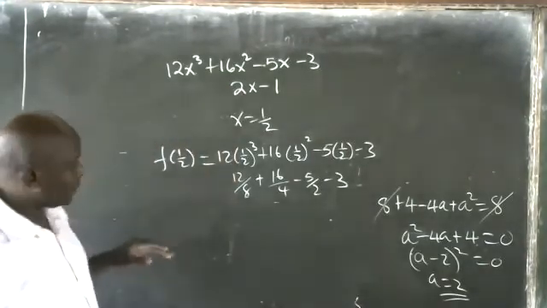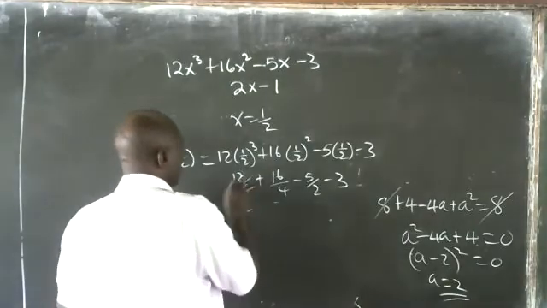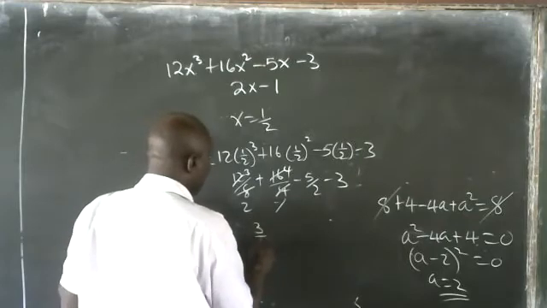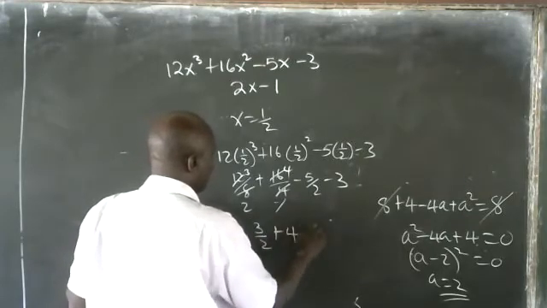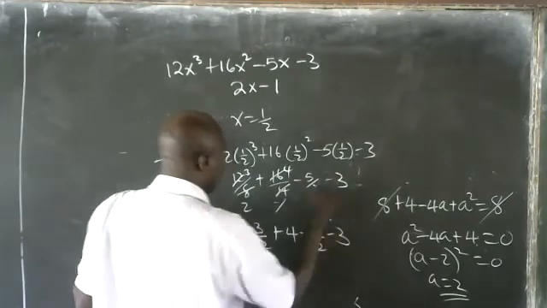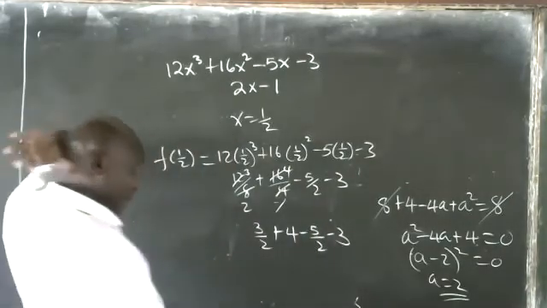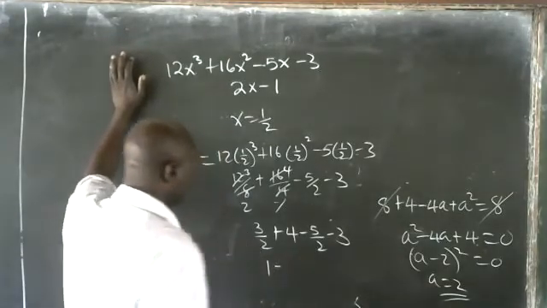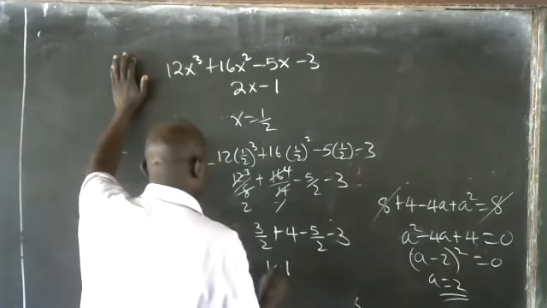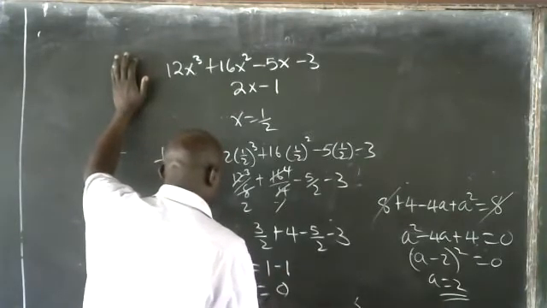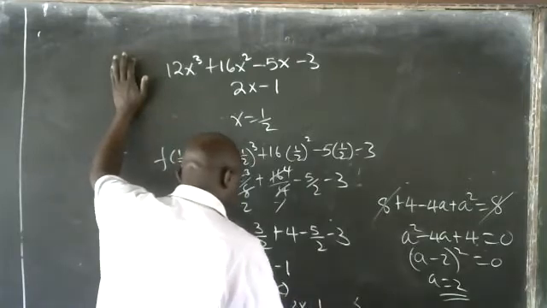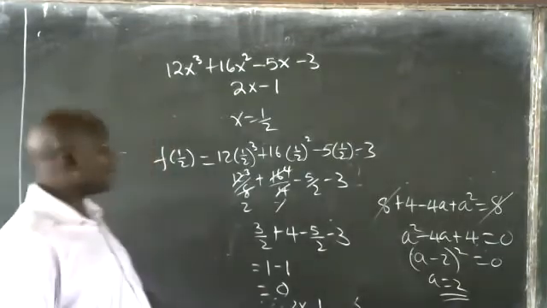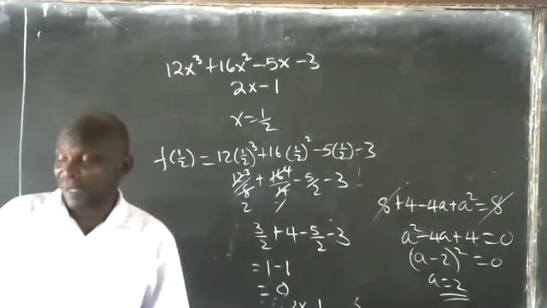So we shall have 3 over 2 plus 4 minus 5 over 2 minus 3. And so this is now 1 minus 1, which is equal to 0. Therefore, 2x minus 1 is a factor of this polynomial, because the remainder is 0.